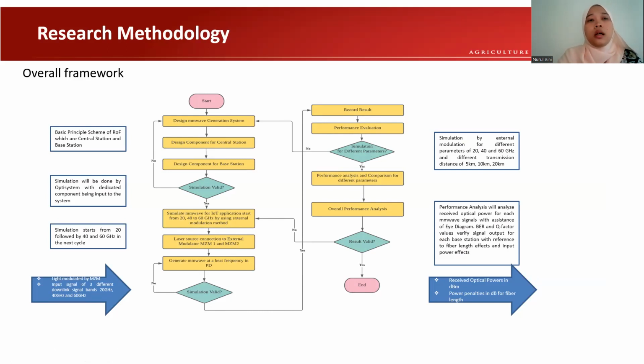So after that, the result is recorded and the performance is evaluated by the BER diagram through the Q factor values. The performance analysis has been monitored for different parameters, and the overall performance analysis is obtained.